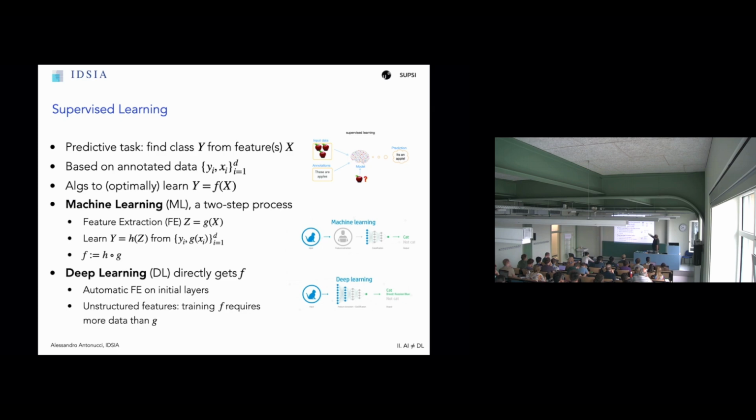Okay, in traditional machine learning, the object X is described by some features, and somehow we have a function, which is the feature extraction. So we describe the object X, let's say the image, with all these pixels, by some typically higher level features. And this is what people used to do before deep learning.